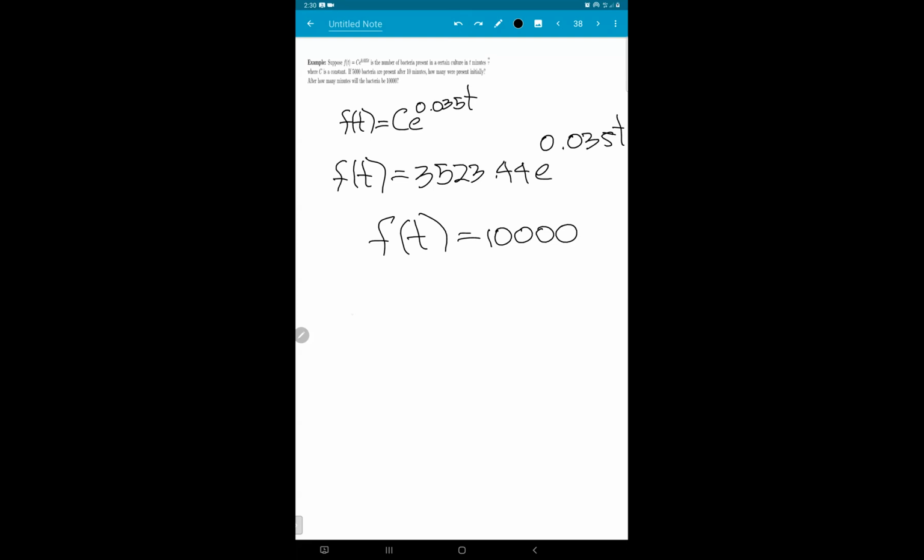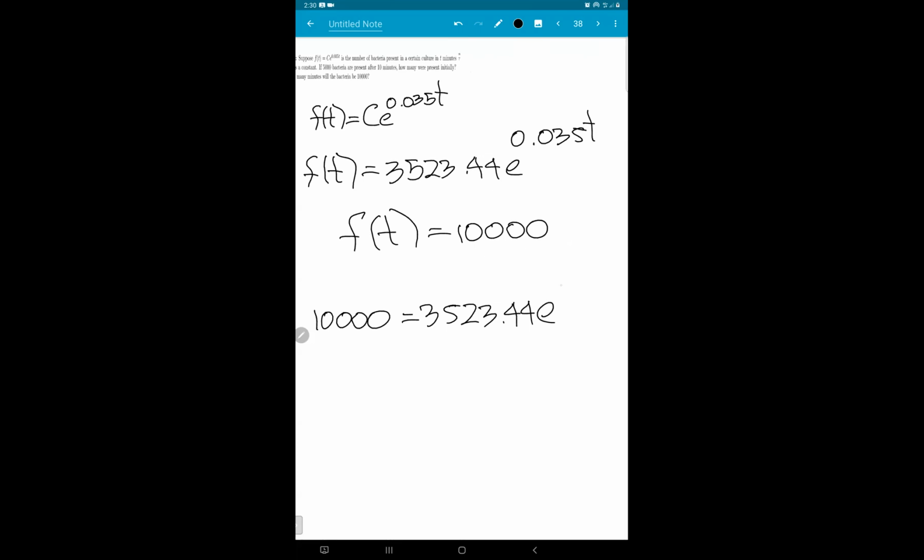So you put 10,000 for f of t and solve for t. And how do you solve for t? You isolate the term containing t on one side, so divide by this number.